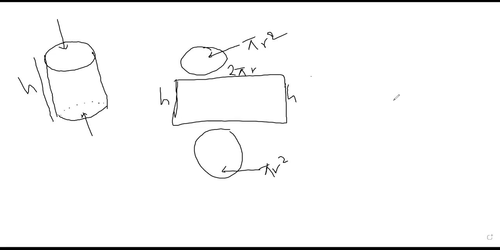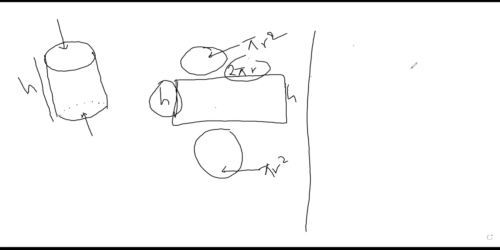So how do we determine the lateral area of the cylinder, which is also known as the curved surface area? Now, if you look at the lateral body of the cylinder, we have 2 pi r here, and we also have the h here.